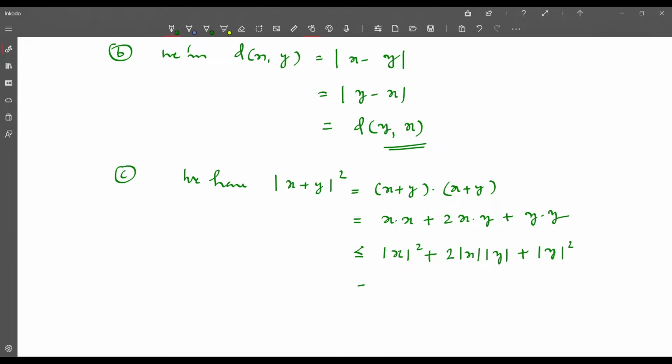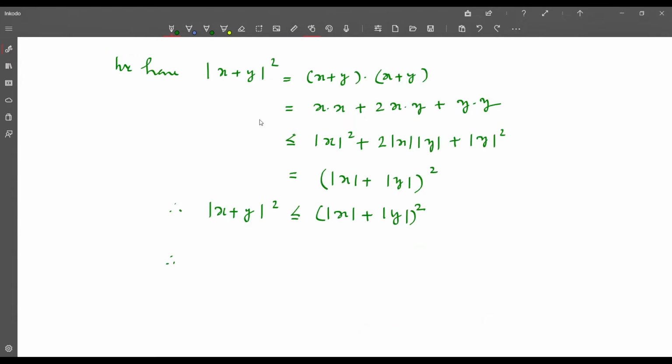This is equal to modulus of x plus modulus of y the whole square. So therefore, modulus of x plus y the whole square is less than or equal to modulus of x plus modulus of y the whole square. Therefore, modulus of x plus y is less than or equal to modulus of x plus modulus of y.